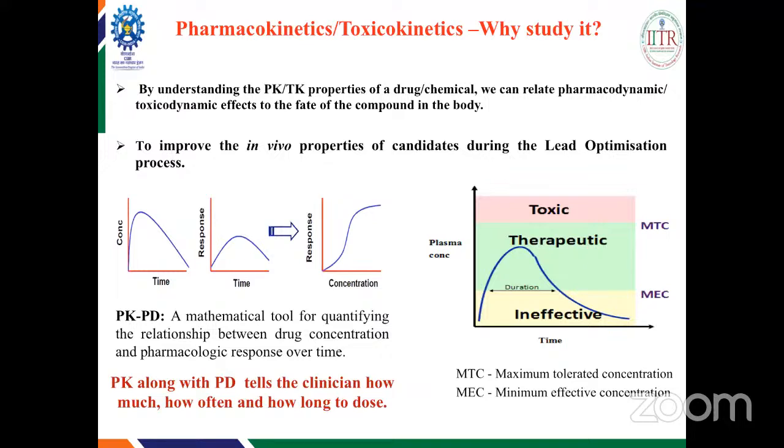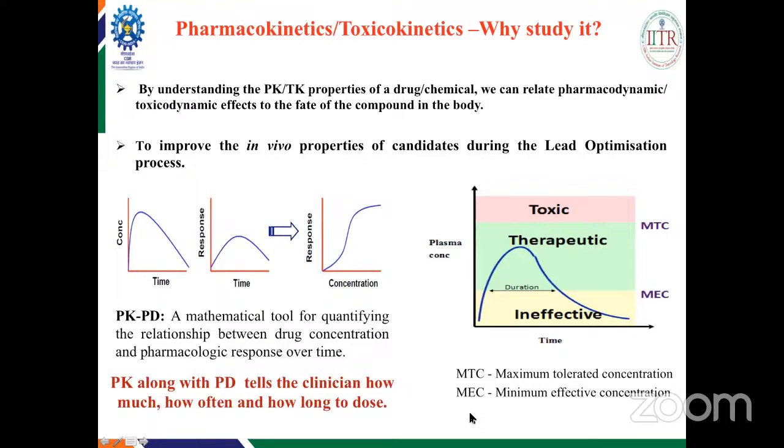If we combine the kinetics and dynamics together, then we can correlate the concentration with the response. This is what is called PK/PD. By understanding the PK and the PD, we can bring them together using a mathematical tool, and we can understand the relationship between the concentration and effect.